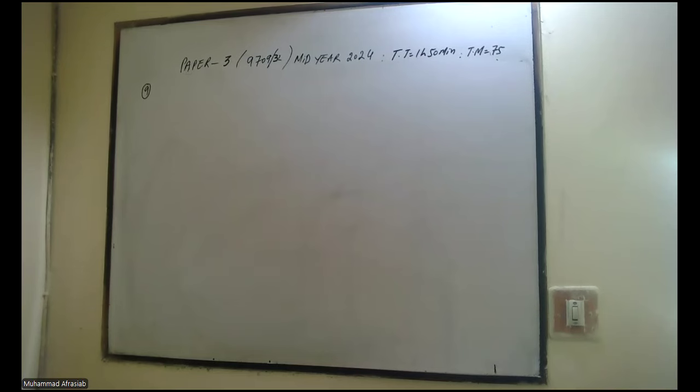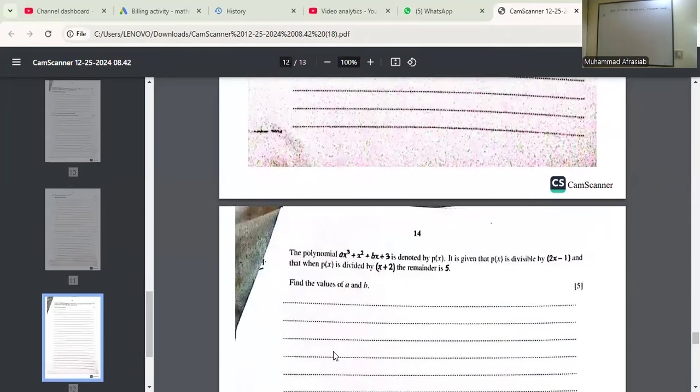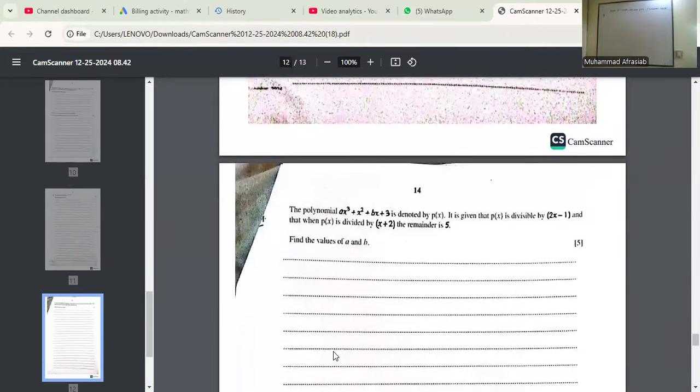Question number 9 now. The polynomial ax cube plus x square plus bx plus 3 is denoted by p of x. It is given that p of x is divisible by 2x minus 1 and that when p of x is divided by x plus 2, the remainder is 5. Find the values of a and b there.